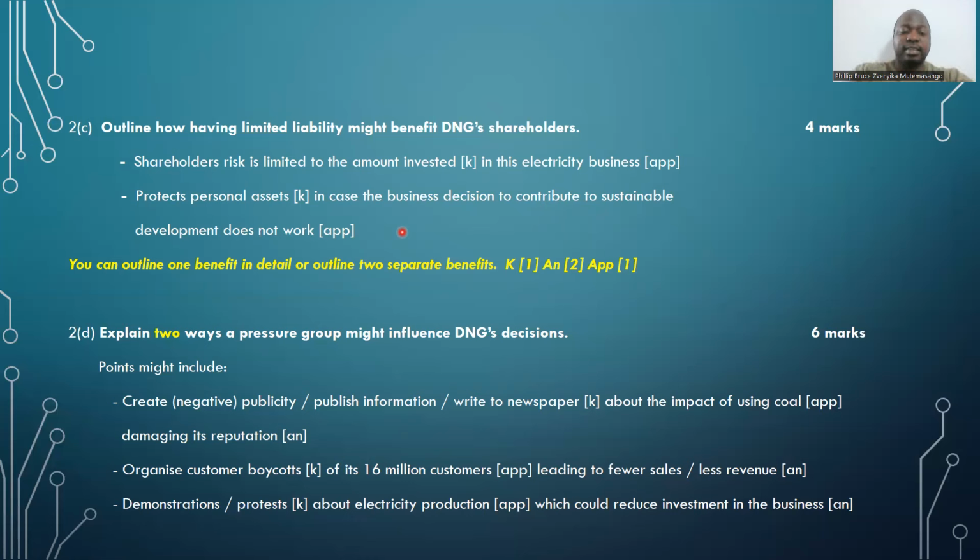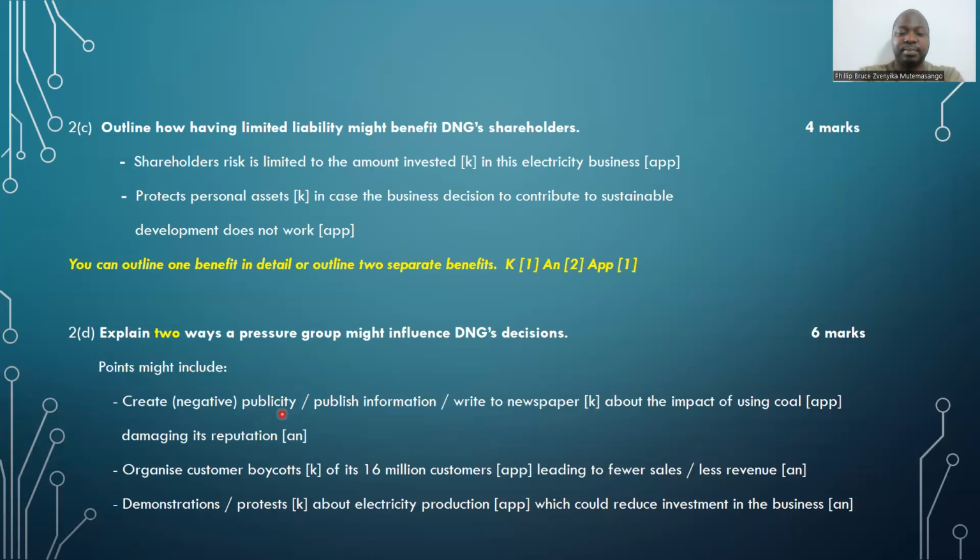Then part D says, explain 2 ways a pressure group might influence DNG's decision. In this case, you are supposed to write first the fact, analysis, and application. Then you get 3 marks times 2 ways, then you get 6 marks. So the points that you can talk about here may include, number 1, it creates negative publicity.